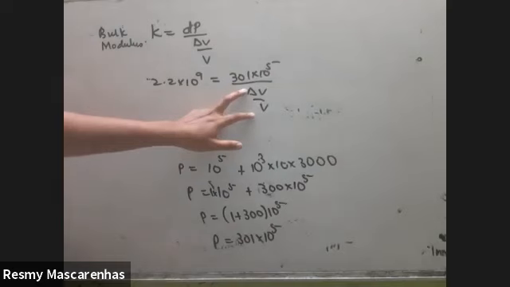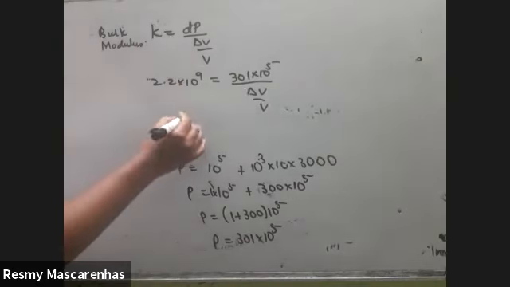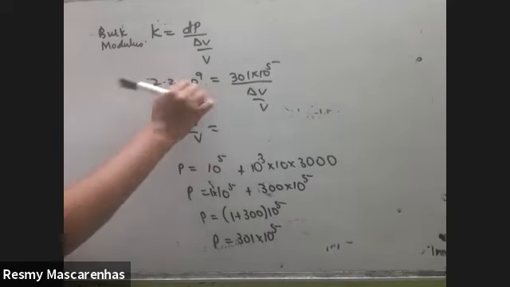Fractional change means delta V upon V. So bring delta V upon V to this side, and this whole thing will go down.